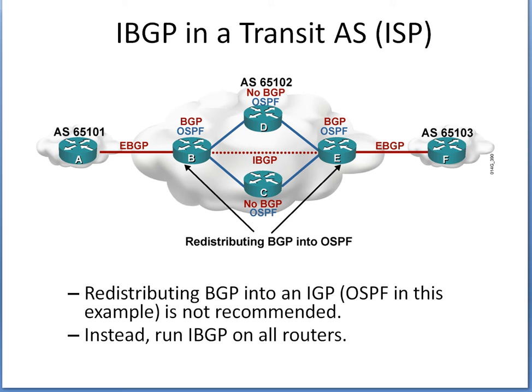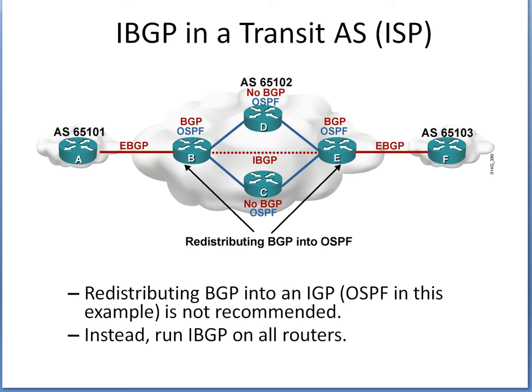One is to connect a physical cable from B to E. Otherwise, redistribute BGP into OSPF and OSPF into BGP, so that BGP routes will be learned by the B router, and it will send to the D router and it will also send to the E router. For the reverse path, you do again BGP to OSPF and OSPF to BGP on the E router. Then the ping is possible.